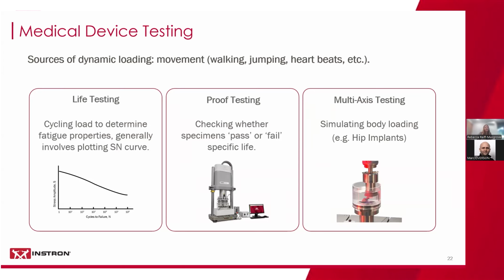However, there's a subset of fatigue testing that is much more visible during medical device testing, and that is proof testing. So this is still cycling the load, but it's checking whether specimens basically pass or fail a specific life requirement. So the photo I've got here, if you can see it, it's very teeny tiny, is our 16-station electrical system. So if you have a life or a proof testing requirement where you need to pass or fail a specimen, generally you can't just pass one of them.